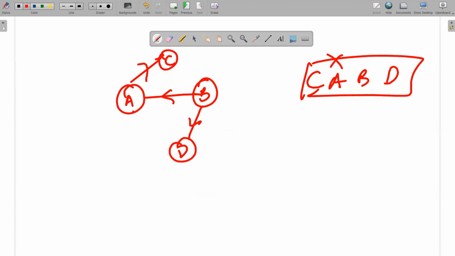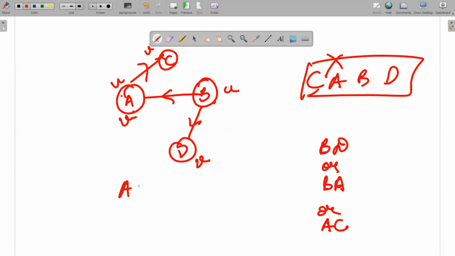Why? Because there is an edge from A to C. So I can take one node as U and the other as V. I can always write BD, that is possible. I can also write BA, that is also possible. I can also write AC, that is also possible.